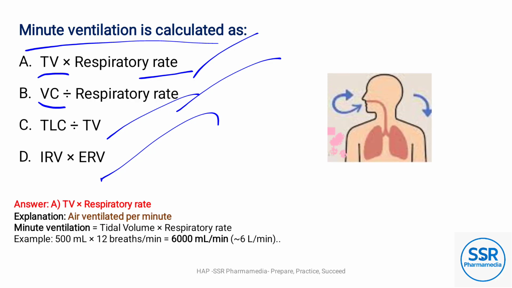So the answer is option A, tidal volume into respiratory rate. For example, 500 ml tidal volume into 12 breaths, so total 6000 ml per minute, 6 liters per minute.